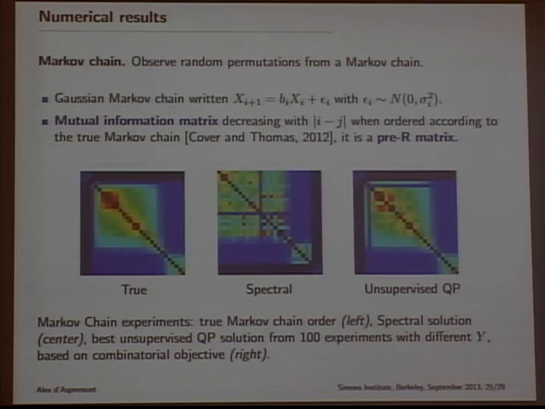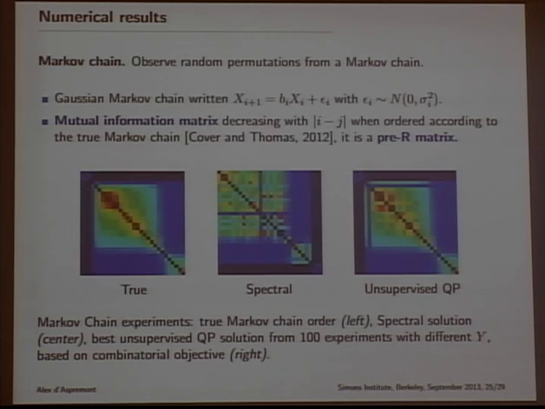Another example is Markov chains. So you observe random permutations from a Markov chain. So again, you lose the chronology. And so here it's a simple Gaussian Markov chain written in this way. And what you know is that the mutual information matrix decreases with the distance between i and j when the variables are ordered according to the true Markov chain.